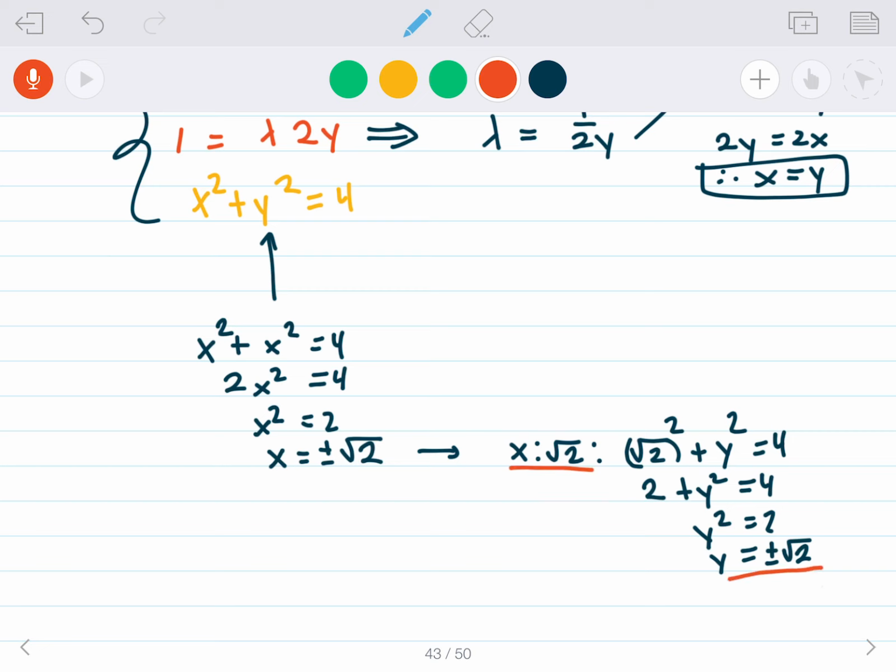But it's only going to have to be positive root 2 because x has to equal y. They can't be different from each other. So we have x is root 2, y is root 2.